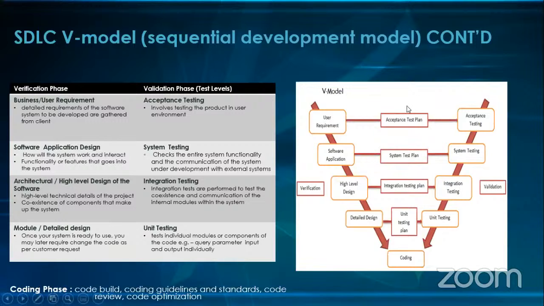Because in this V model, what happens is that for every phase of verification, there is always a validation. What it means is that when the requirement is being gathered, testing is in place.